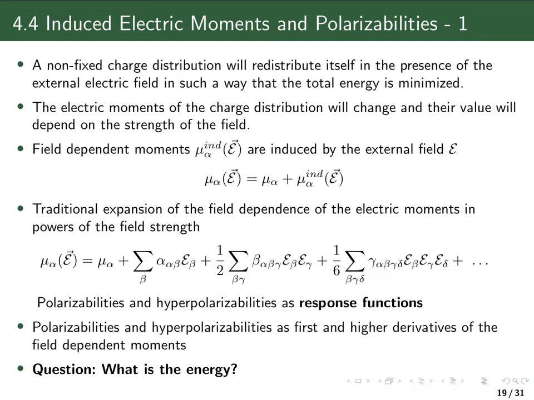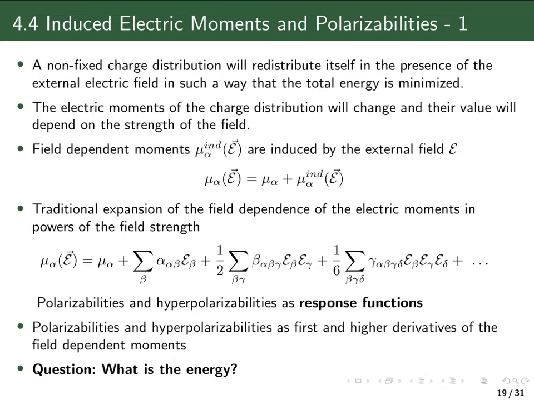So here we have a linear term of the electric field. Here we have the product of two components of the electric field, meaning this term is quadratically dependent on the field, and cubically and so forth. And how much the induced moment depends on the field is then expressed with these kind of expansion coefficients.